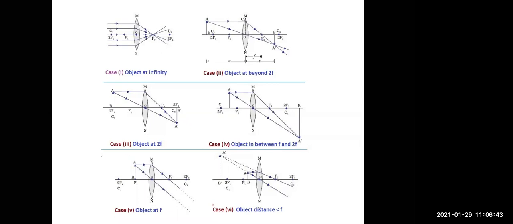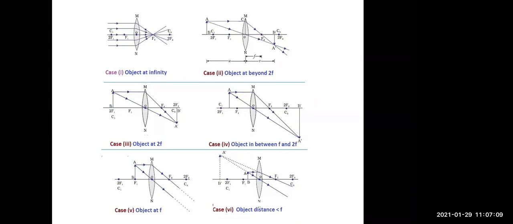Now after the lens, it is not possible to get the image. So we will extend those refracted rays. You can see with the dotted line the refracted rays are extended, and the dotted lines show that at the points A dash and B dash we are getting the image. In this case, the image formed is very large, virtual, and erect.